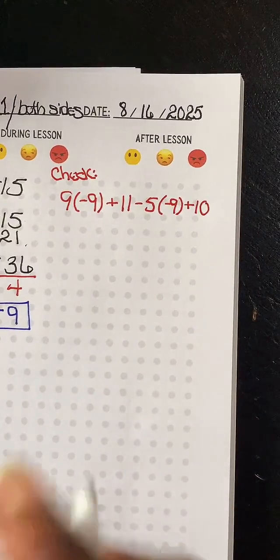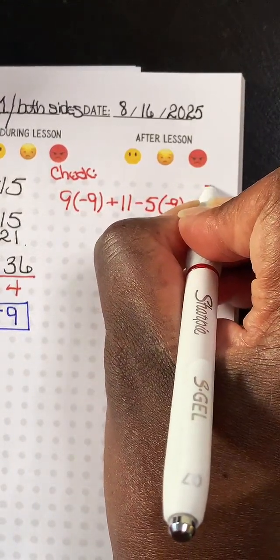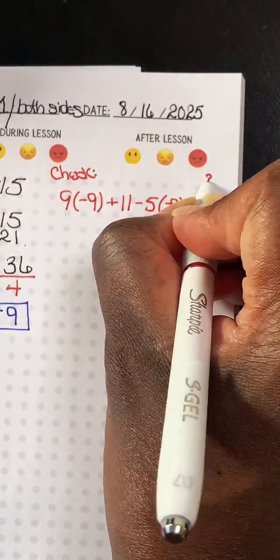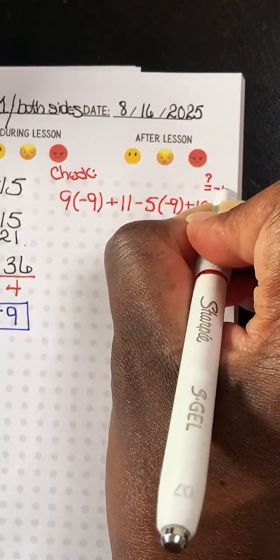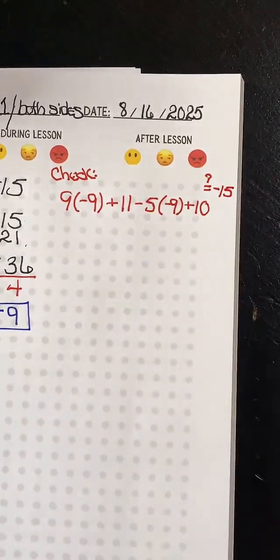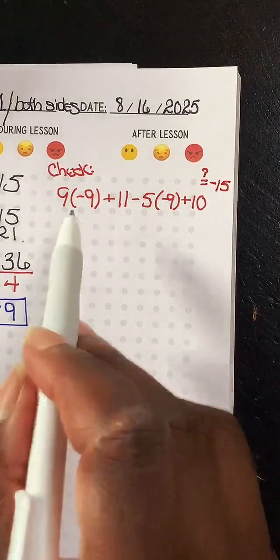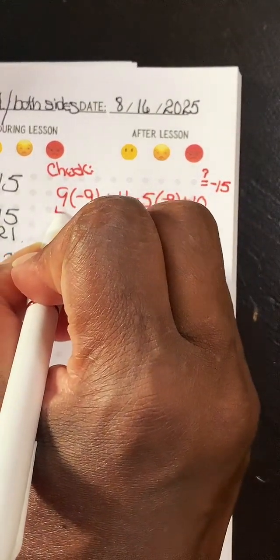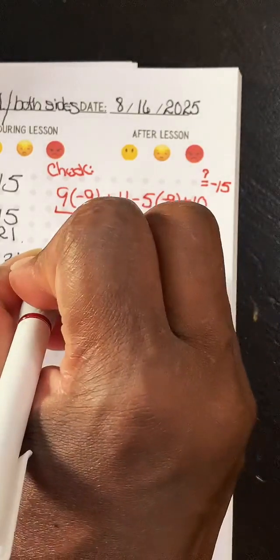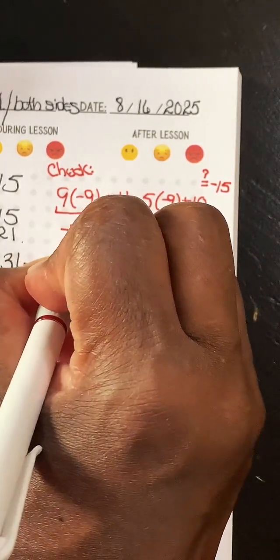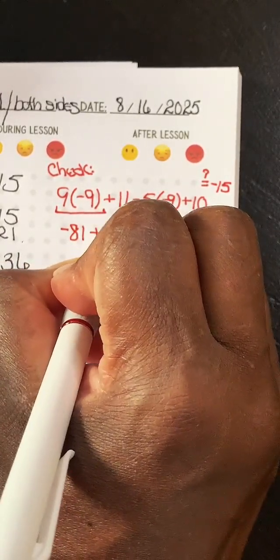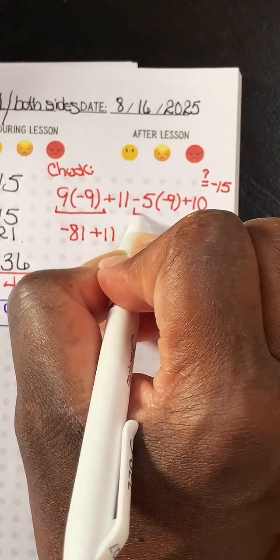And we want to know if it's going to equal, I got to put it up here because I'm running out of room, if it's going to equal a -15. All right, so now we have our 9 times -9. That gives me -81. Bring down my plus 11.